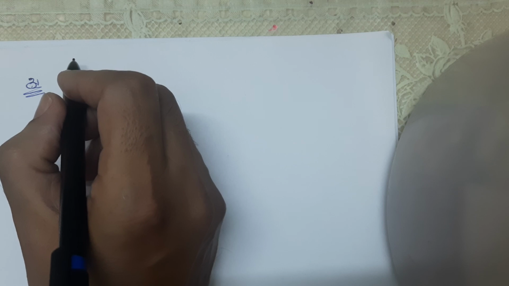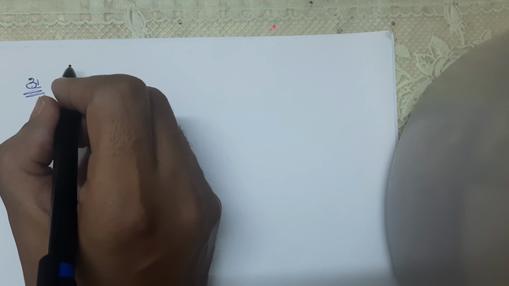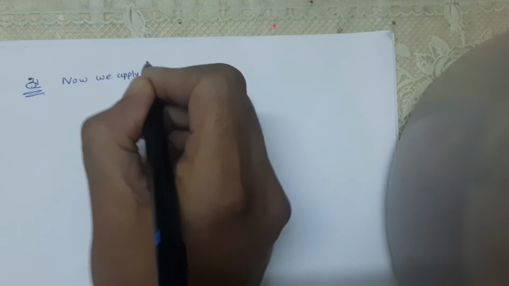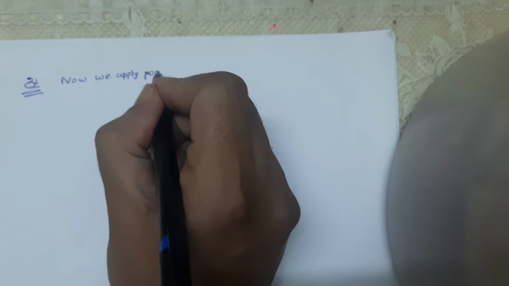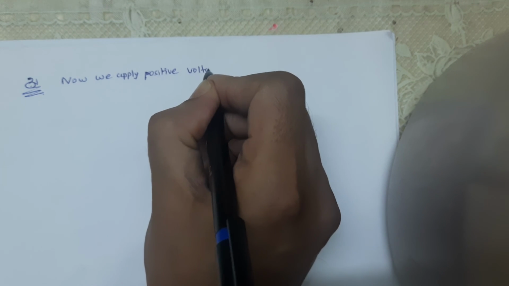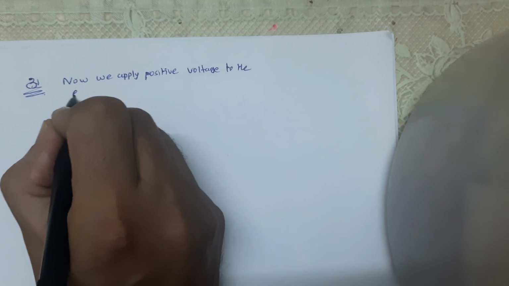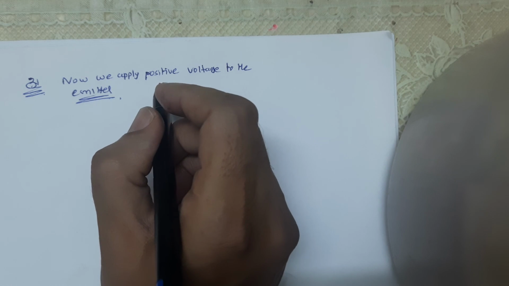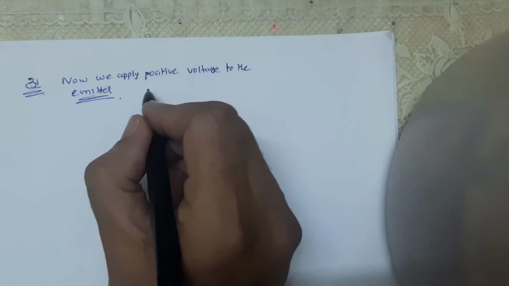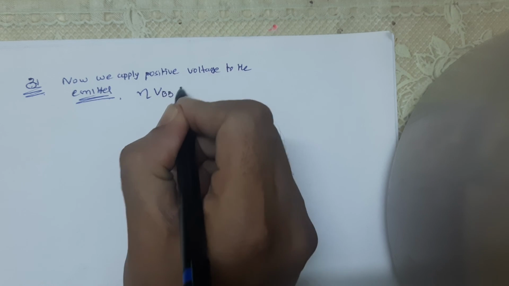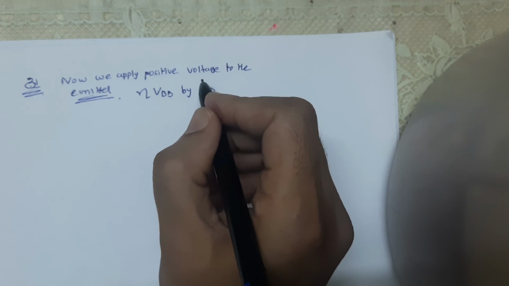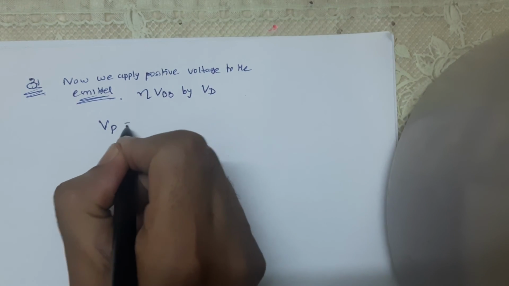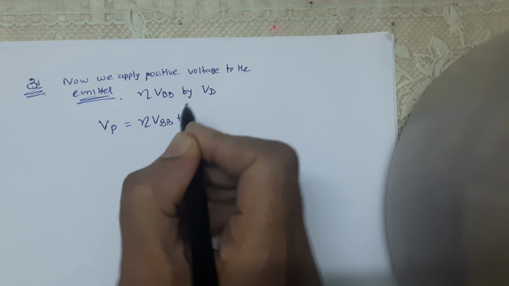The third thing from the equivalent circuit: if now a progressively rising positive voltage is applied to the emitter, what happens? The diode will become forward biased when the input voltage exceeds eta VBB by VD, the forward voltage drop across the silicon diode. Therefore, Vp is equal to eta VBB plus VD.